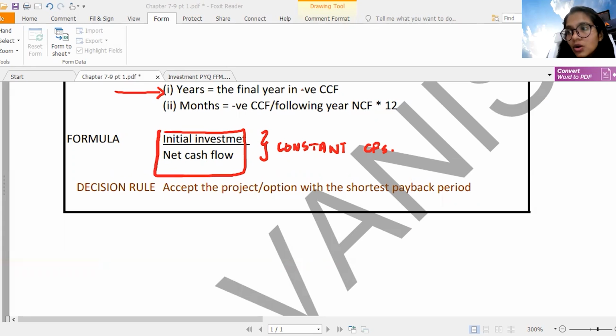That means you can screen out projects that take too long to pay. Like just now we did 14.5 years. That is way too long, right? So you can screen out those kinds of projects, and you can focus on projects that can pay you back within a shorter timeline.